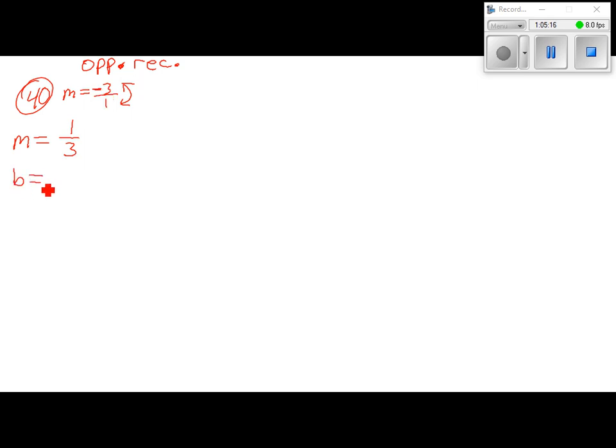Then we've got to find the b of our new line, and we do that the same way. Y equals mx plus b. They tell us that our new line goes through the point 6, 10. Well, x is 6, y is 10. So in here we stick in 10 equals, the slope is 1/3, the x is 6. The b we don't know.